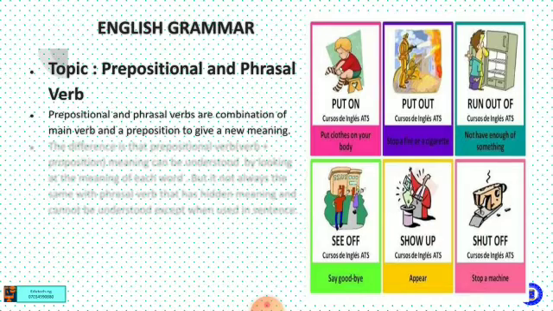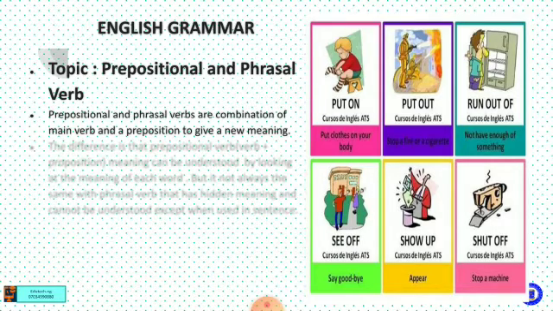Now, prepositional and phrasal verbs are combinations of main verbs. When you have a main verb plus a preposition, what you have is a prepositional verb or a phrasal verb, because you're going to have a new meaning different from when you have the preposition separately and the verb separately.